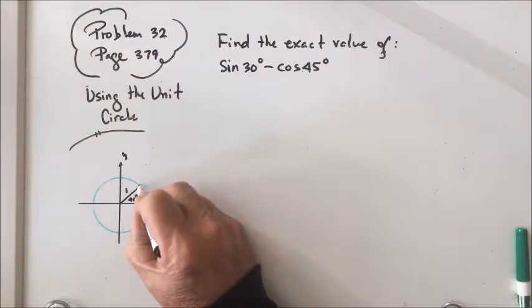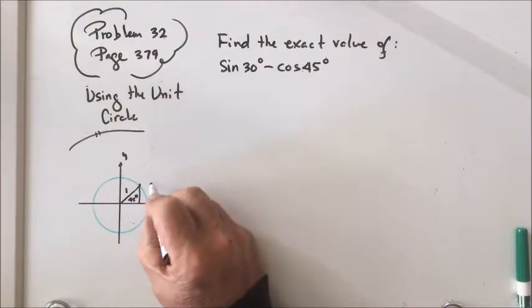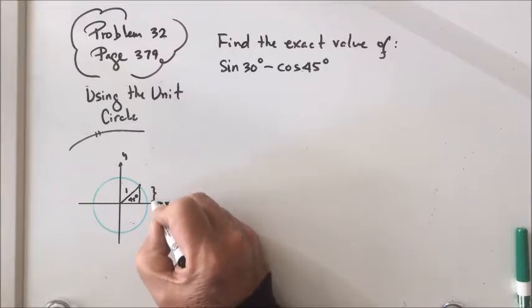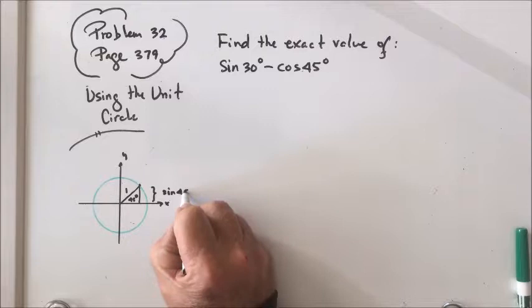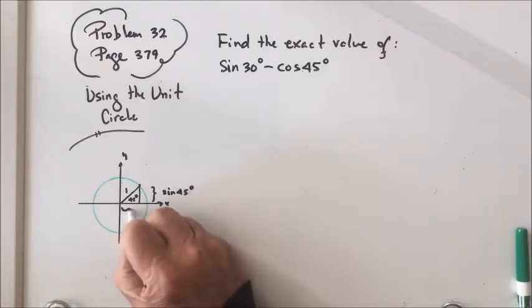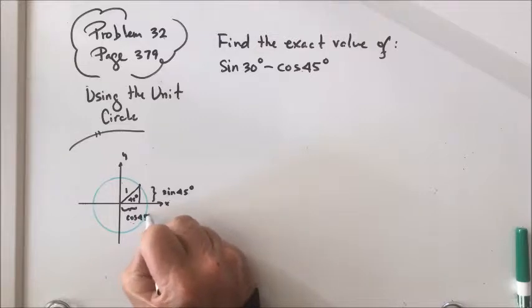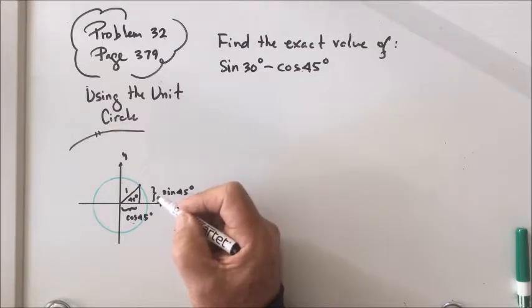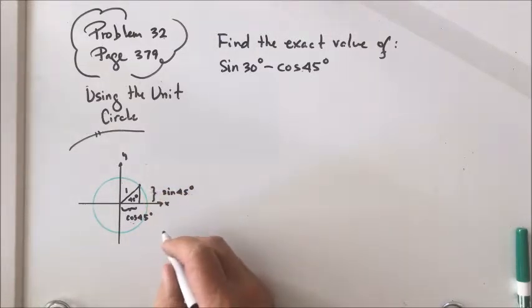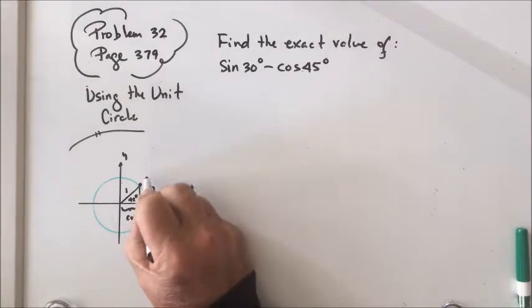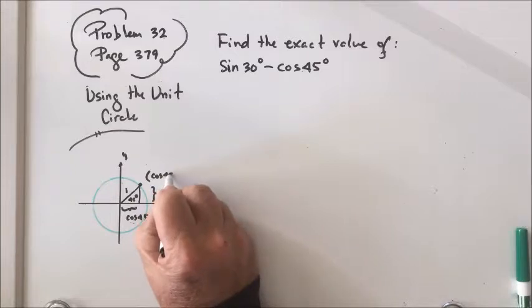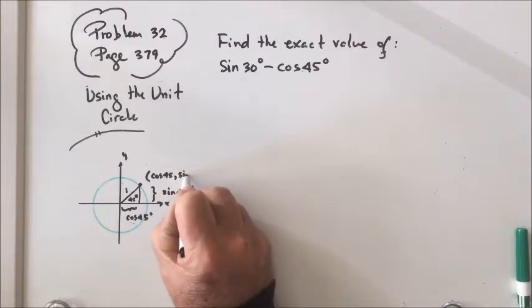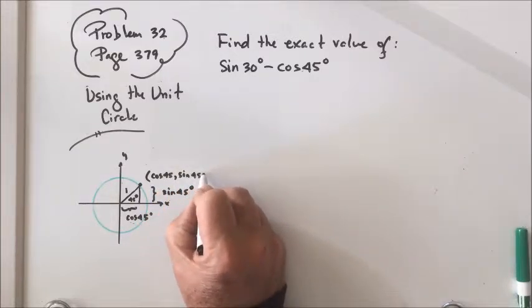And if I draw this little triangle right here, the length of this side is actually the sine of 45 degrees, and the length of this side is actually the cosine of 45 degrees. So how does that help? In fact, this point is the point where the x-coordinate is cosine 45 degrees, and the y-coordinate is sine 45 degrees.